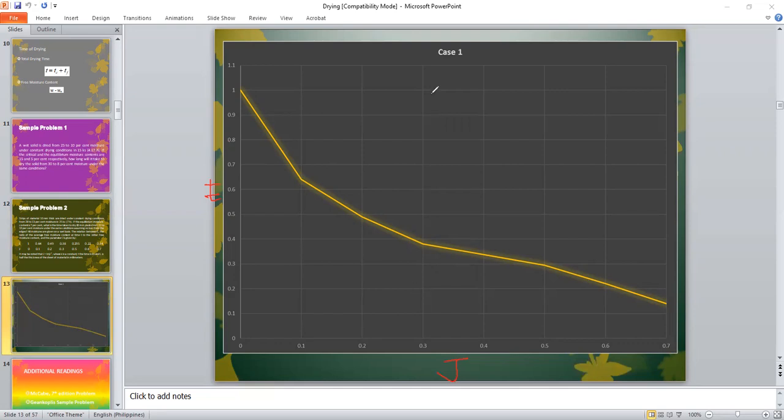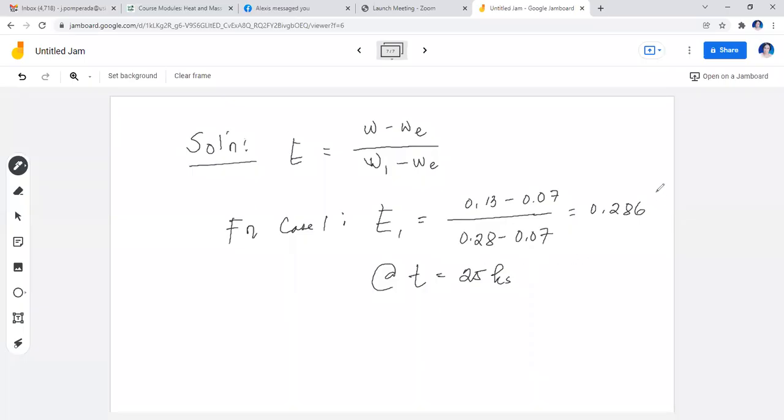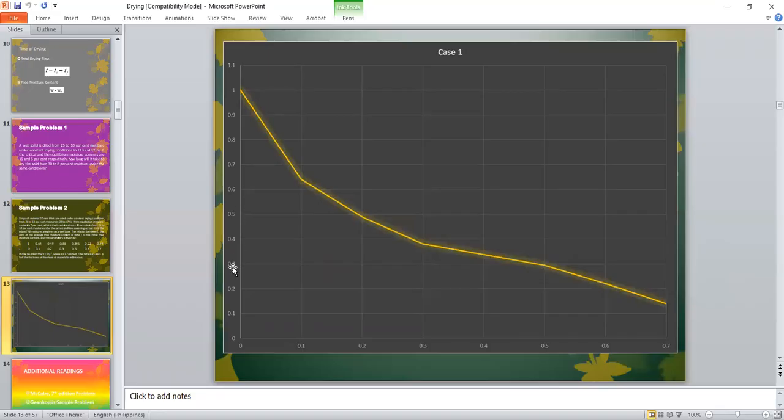So remember, go back to our board. You already determined the E for the initial case, our case 1, and that's 0.286. So you can use that E to find the K because we're talking of the same K for the same material. What you could do is find the 0.286 in this graph. You have here 0.1, 0.2, 0.3.